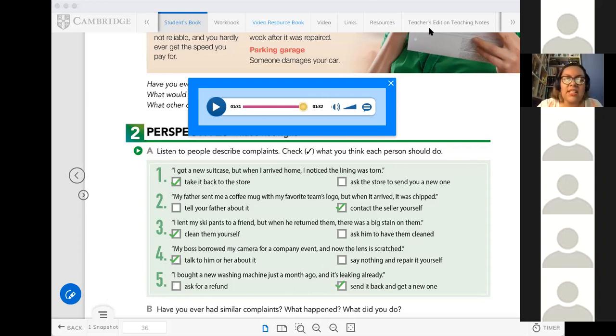Does anybody know the difference? The first one, the store gives you the money, and in the second, they send a new one, probably the same model.